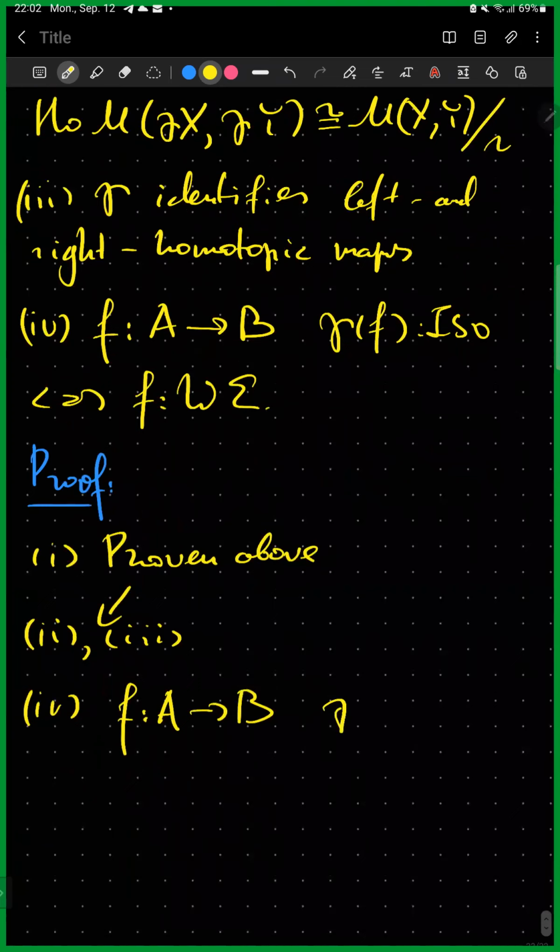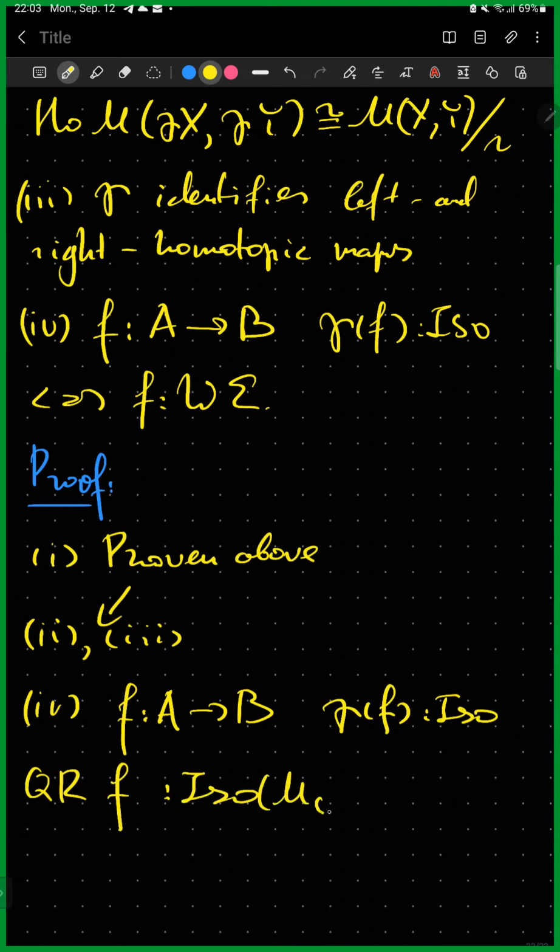So assume that we have a morphism which is mapped to an isomorphism. Then QRF is an isomorphism in this category, which in turn implies that QRF is a homotopy equivalence.